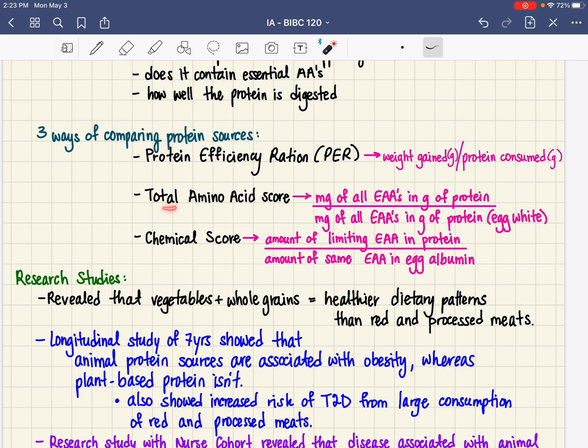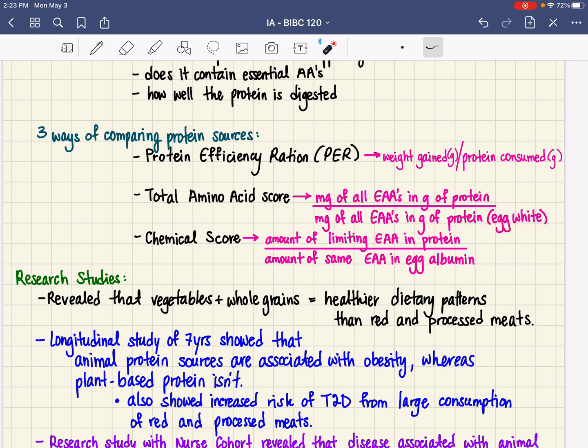The total amino acid score, sometimes referred to as TAA score, takes the amount, usually taken in milligrams, of all essential amino acids in 1 gram of the protein of the food that you're interested in calculating, divided by the milligrams of all essential amino acids in 1 gram of protein in an egg white.